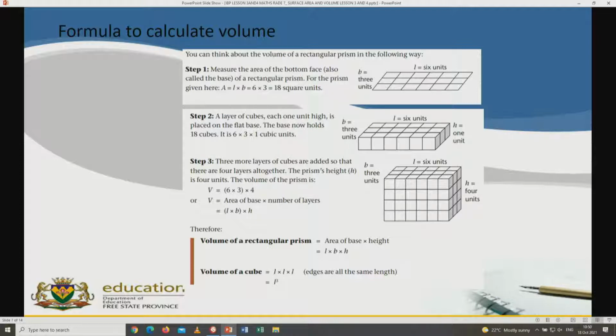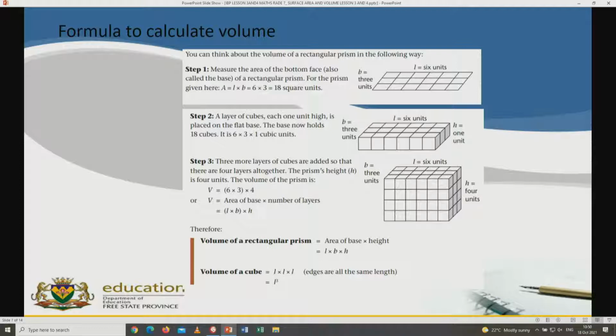Then let us now look at step number 2. We have started with a what? A rectangle. We're trying to build a what? A rectangular prism. Now, on the 2D shape that you have seen in step 1, we are going to put the blocks or the cubes on each block. We are now going to put the what? The cubes.